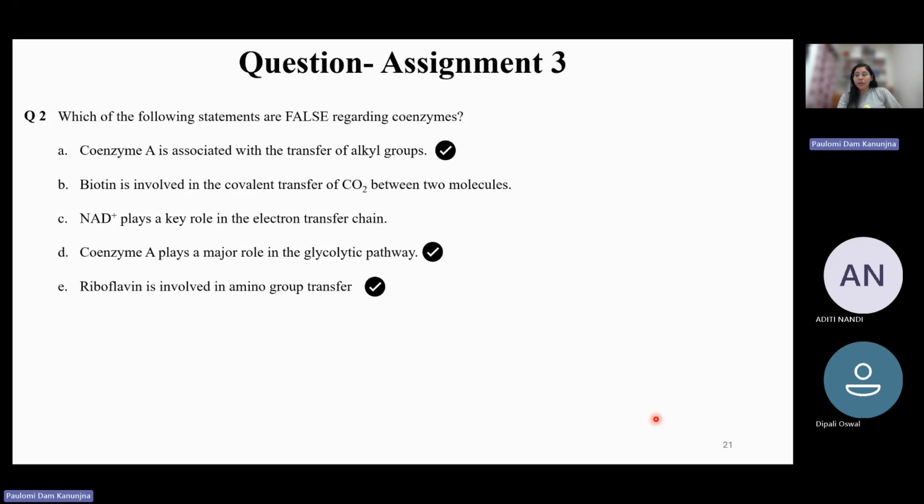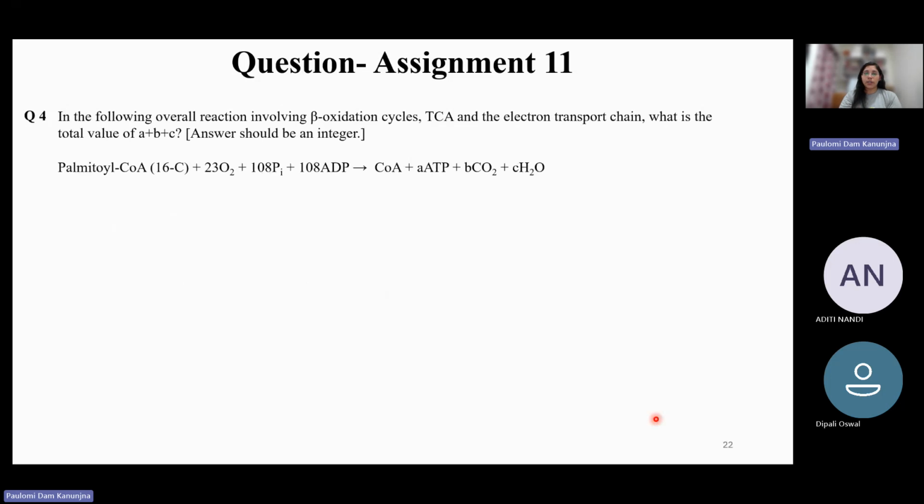For the amino group transfer, we had PLP, pyridoxal phosphate. So these are names that you should remember: TPP, biotin, riboflavin, coenzyme A, NAD plus, FAD, NADPH. All these you should remember where they are used. So be careful when you are revising which comes where. Okay. All right. Quickly, next one.